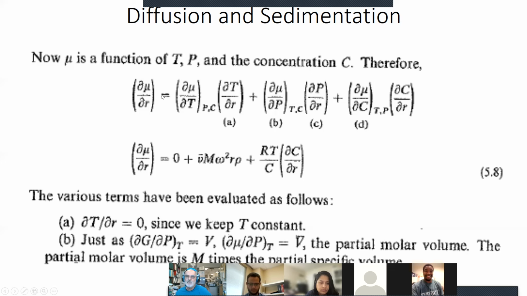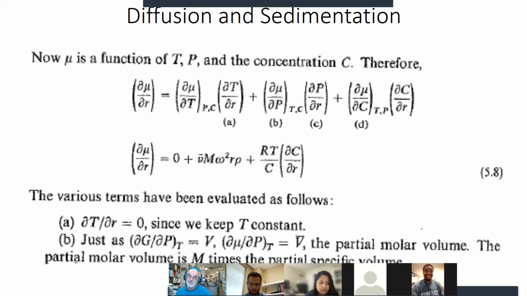The temperature dependence would be dμ/dT, dT/dr, and then dμ/dP, dP/dr, and then dμ/dC, dC/dr. Okay, so the temperature dependence would be 0 because all across the cell, there is no change in temperature with radius.